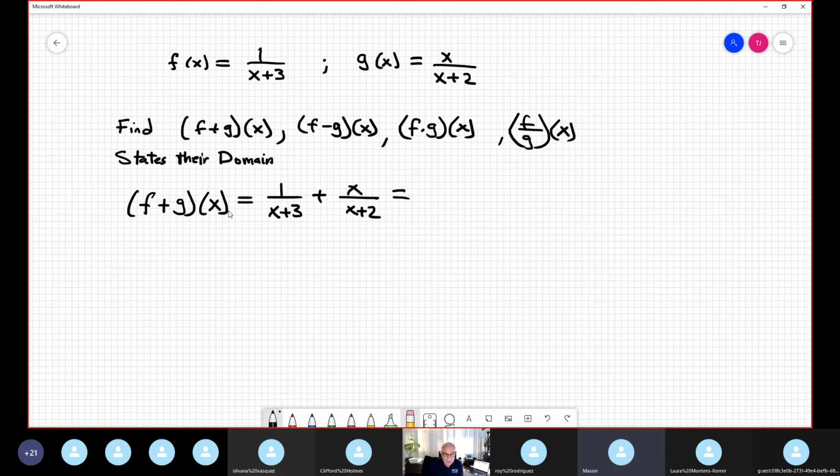Find the least common denominator. It obviously is x plus 3 times x plus 2 together. Then you divide by the first denominator and multiply by the corresponding numerator, which stays x plus 2. You suppose that you know that, right? Plus x times, this x is this, x plus 3.